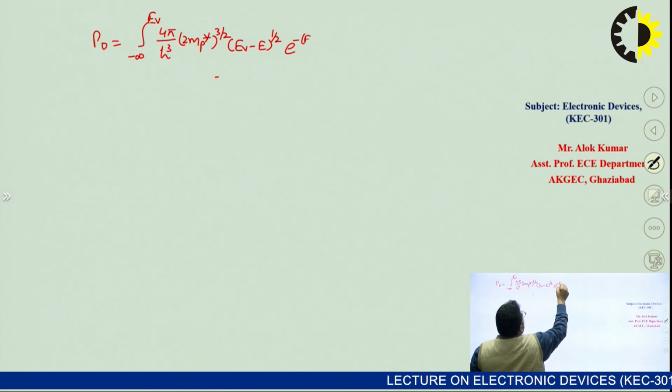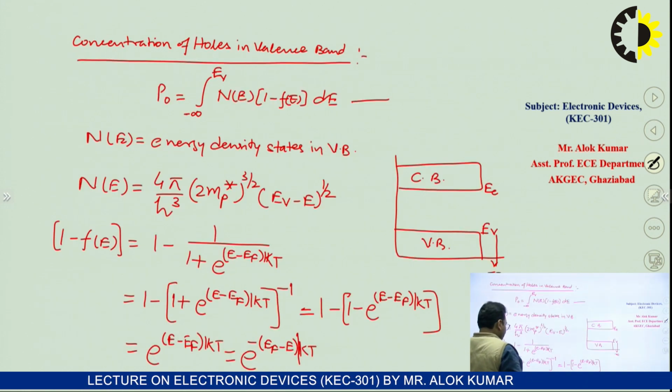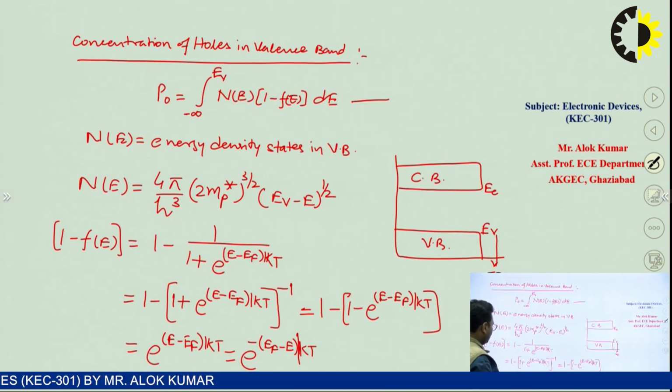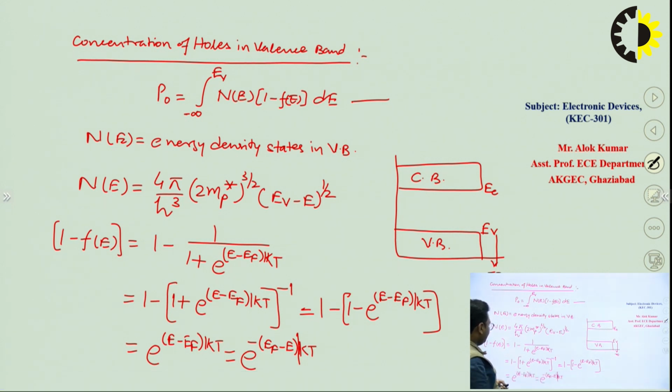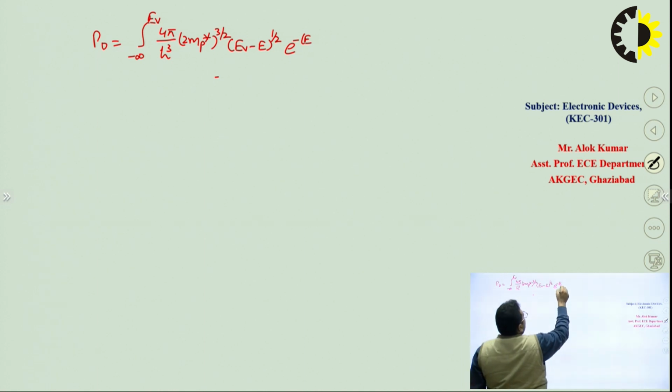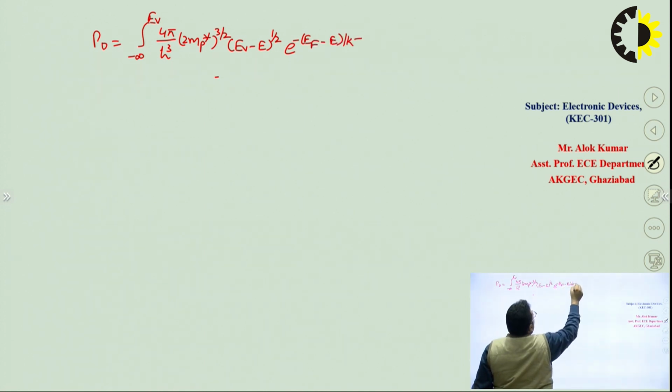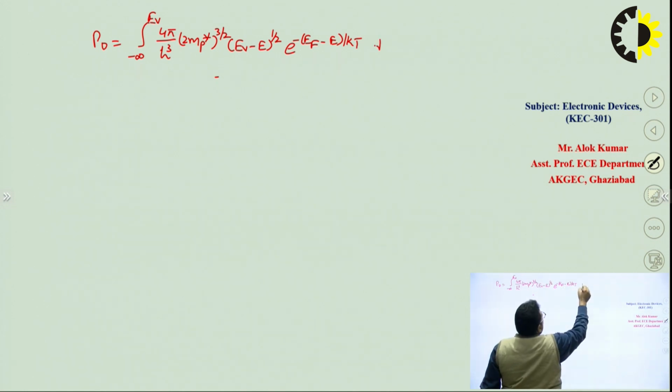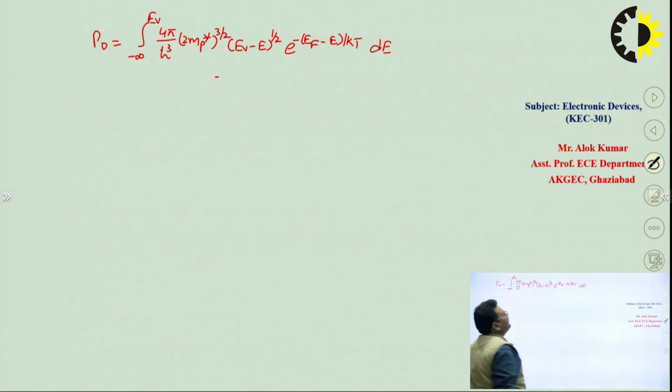and then we can write e to the power minus EF minus E upon KT, with respect to dE, we are integrating it.